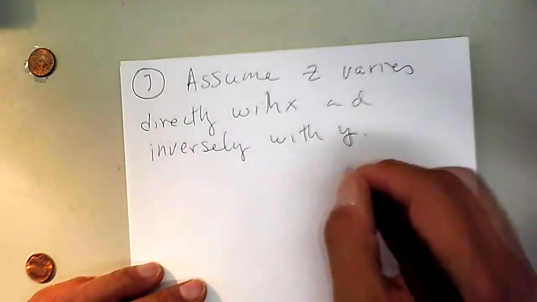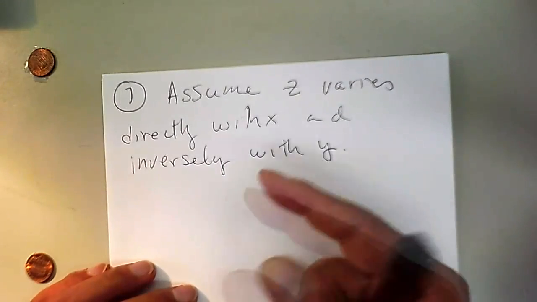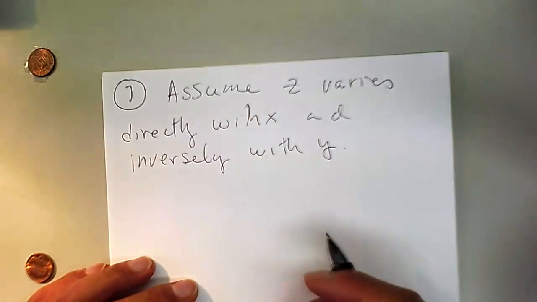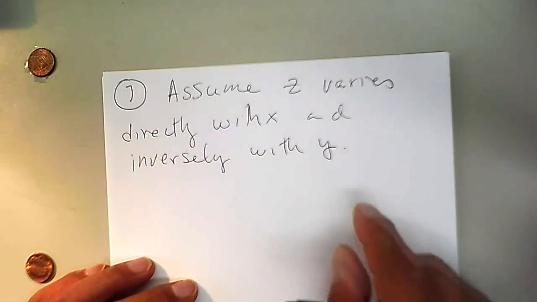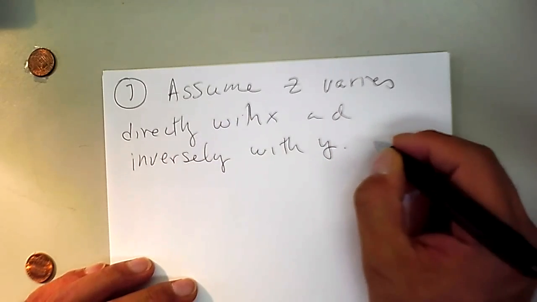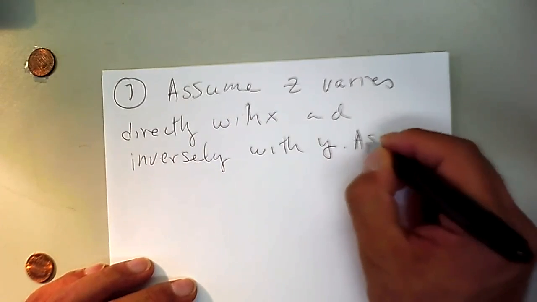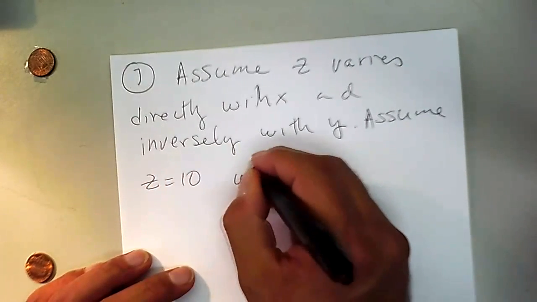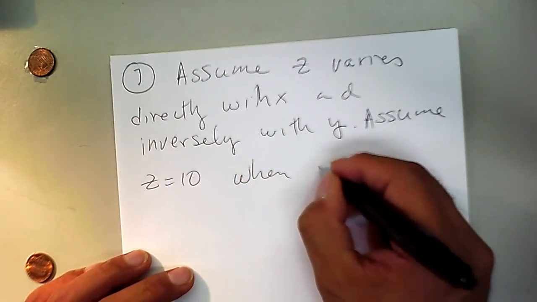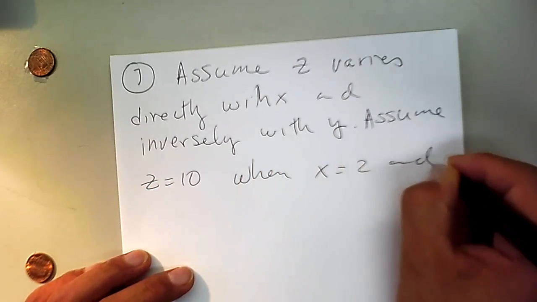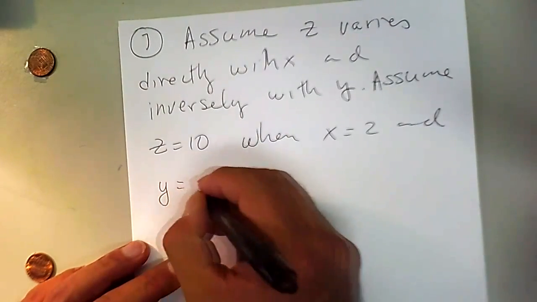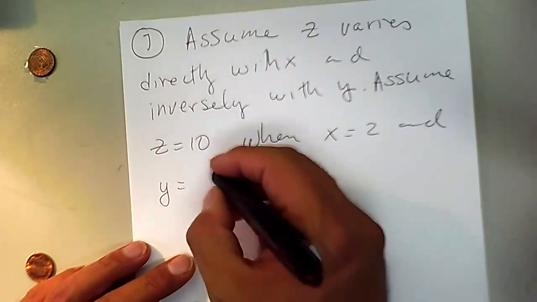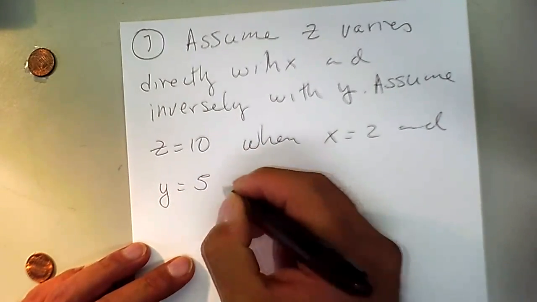Okay. We haven't finished writing the problem because we need additional information, and we have to ask a question. There's no question yet. Assume z equals 10 when x equals 2 and y equals, let's make this confusing, 5.